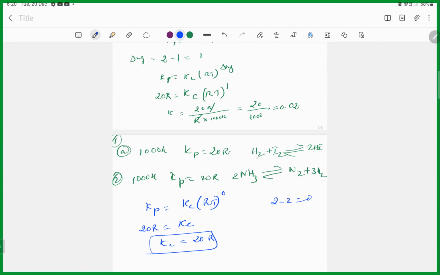Reactant hydrogen ஒரு மோல், iodine ஒரு மோல், 2 மோல் hydrogen iodide. So product minus reactant. Reactant means hydrogen and iodine சேர்ந்தா 1 plus 1, 2. So இது ஒரு 2. 2 minus 2, 0. Okay? Clear?